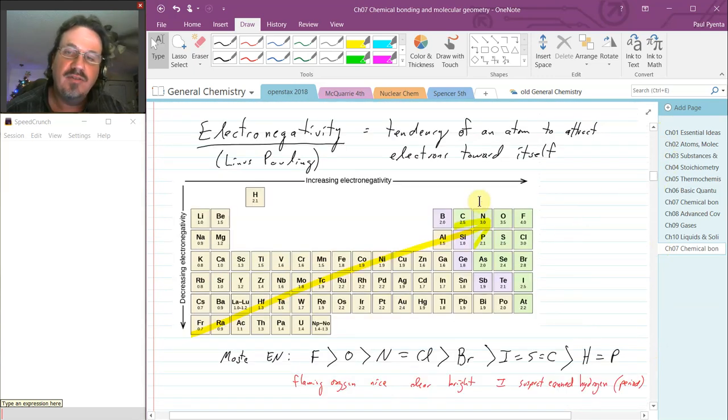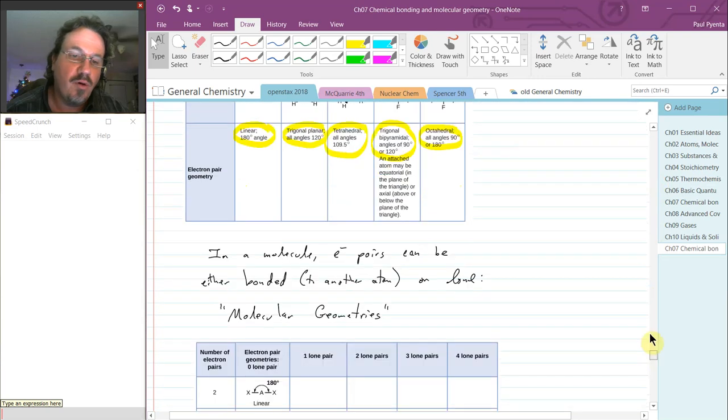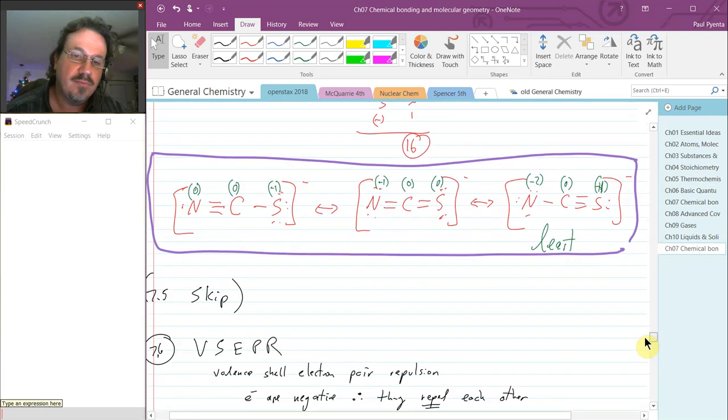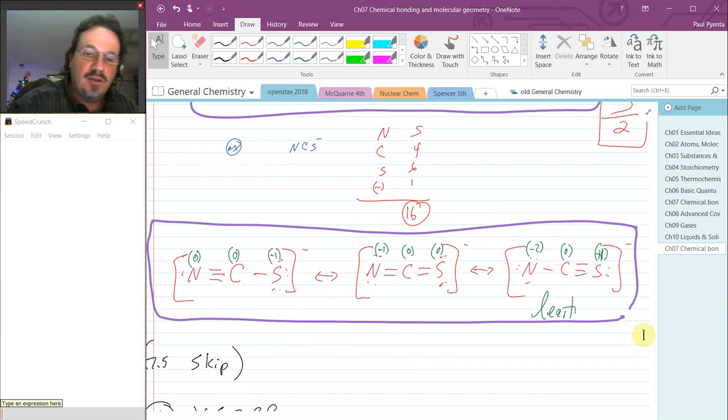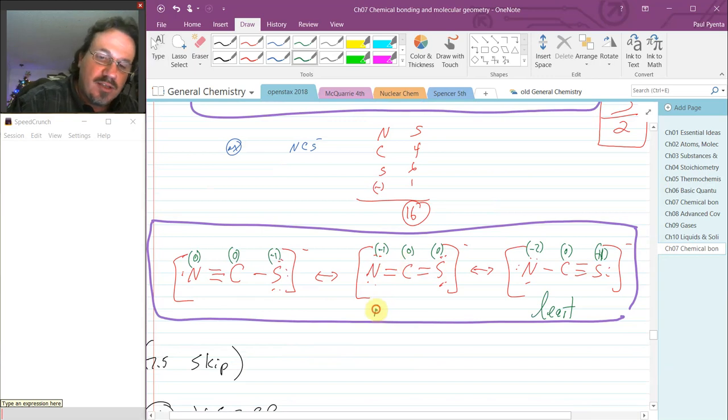Nitrogen electronegativity is 3, sulfur 2.5. All right, so nitrogen is actually the more electronegative of them, which means the nitrogen should have the minus formal charge. So I look at those two. This one looks like it's the most likely, and this one is somewhere in the middle. I'll just write middle. Okay.